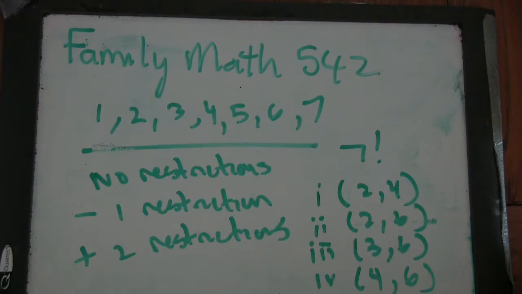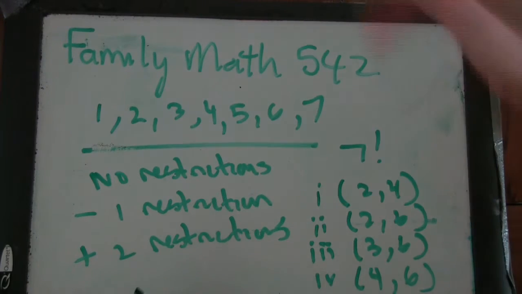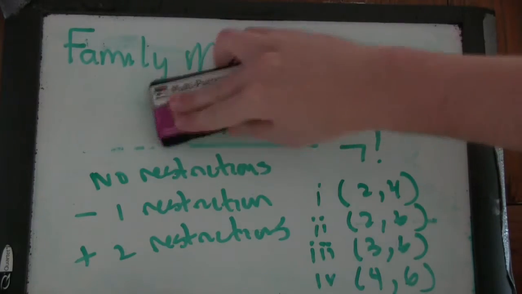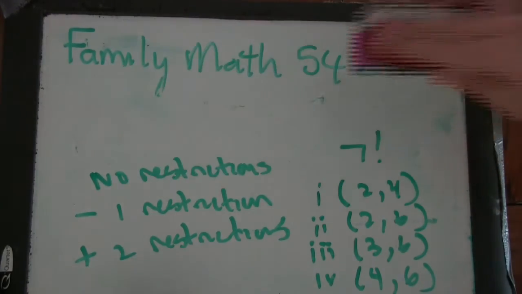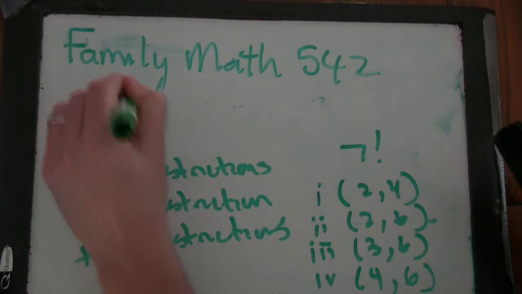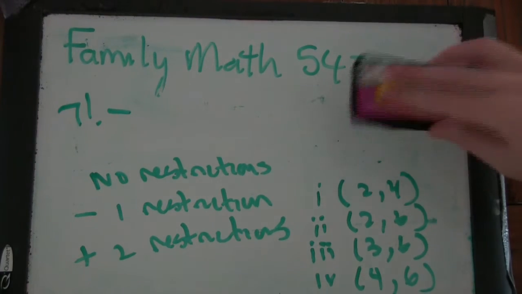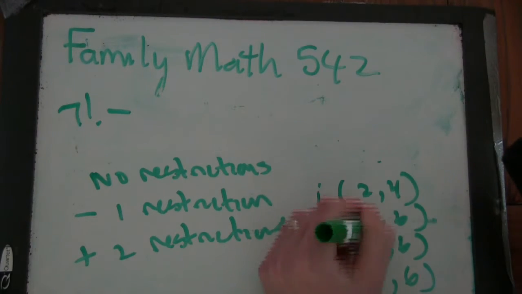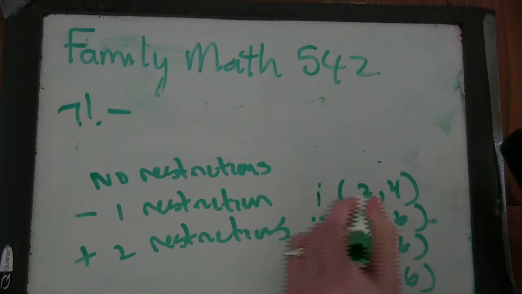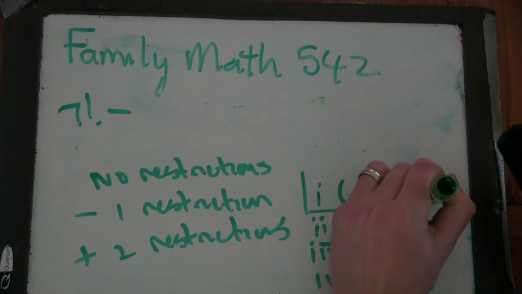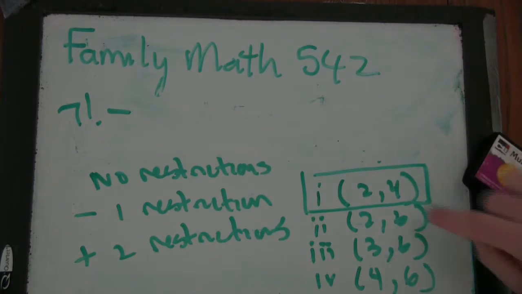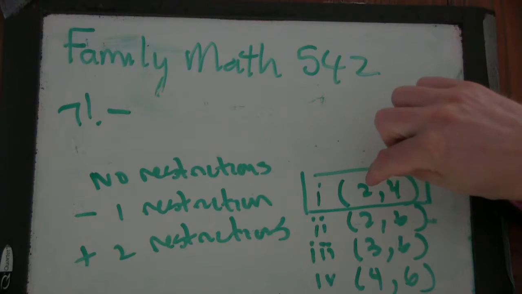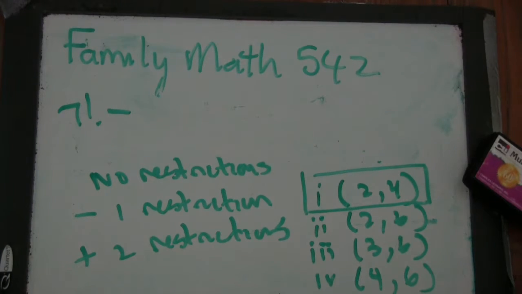So if we're going to subtract away the one restriction case, we start with 7 factorial. Now we're going to subtract away the restrictions. We've got 4 cases with restrictions. How many arrangements are there that have the 2 and the 4 next to each other?